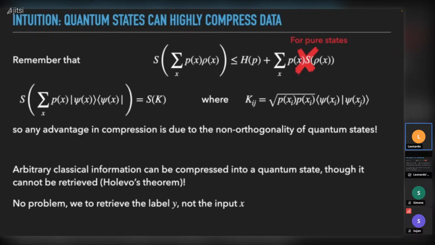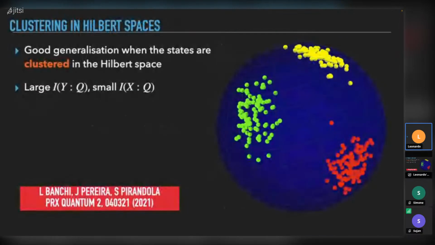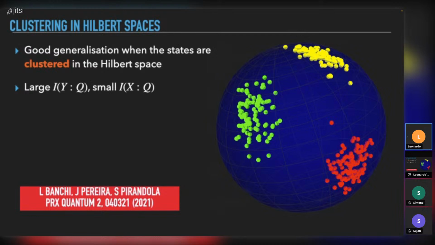So the intuition is that we can have good learning in the quantum setting whenever you have a large mutual information between the label and the set of quantum states and a small mutual information between the input and the quantum state. So states belonging to the same label, which are here yellow, with the same color, should be somehow nearby in the Hilbert space. Okay, so that's the intuition.